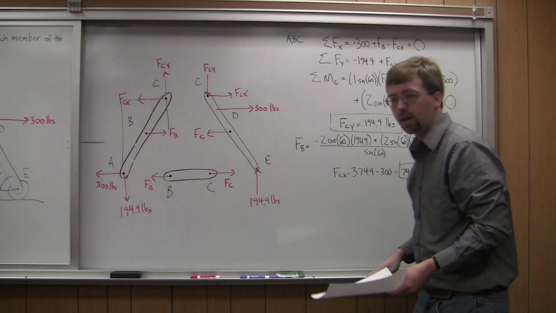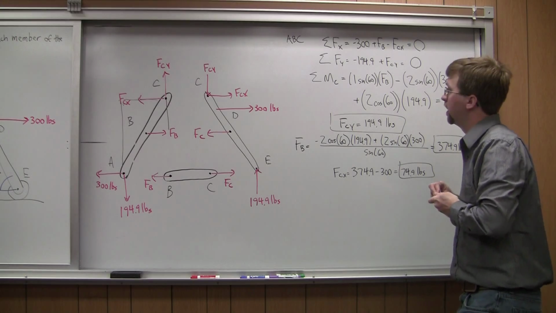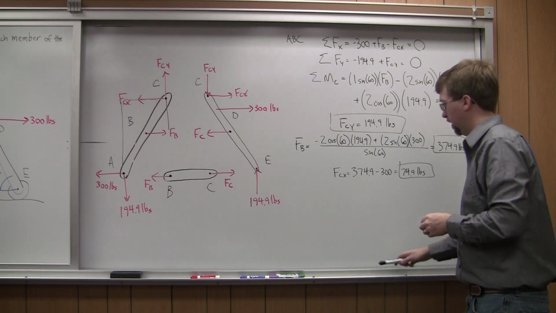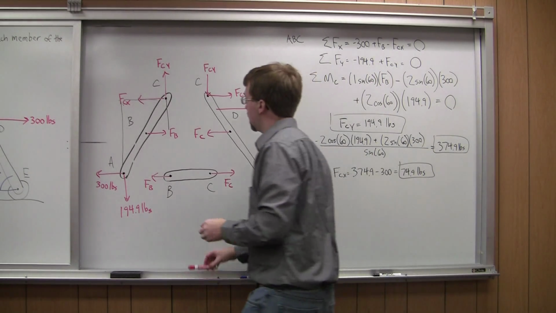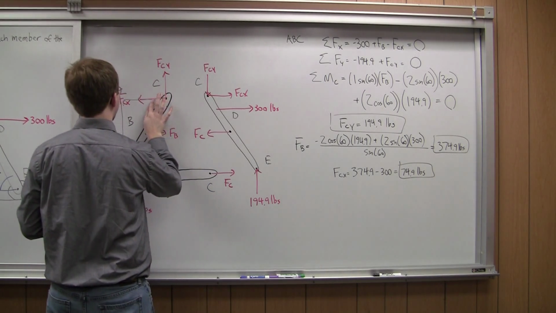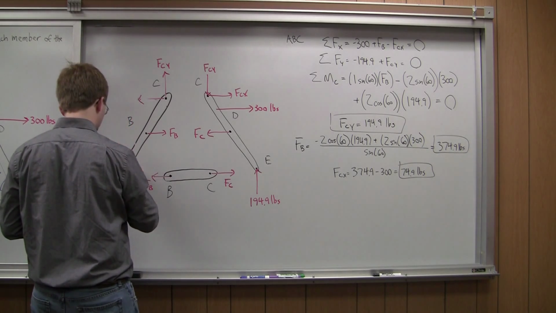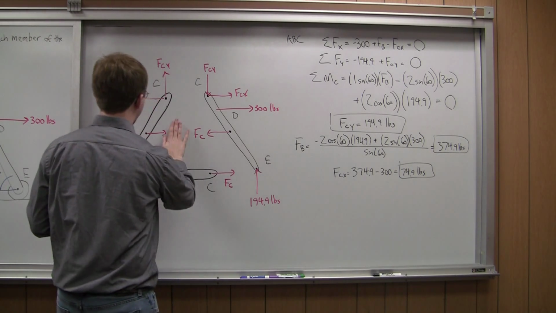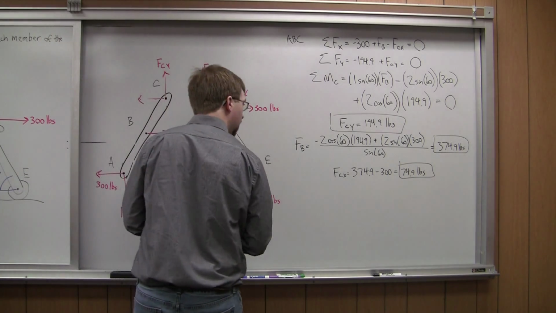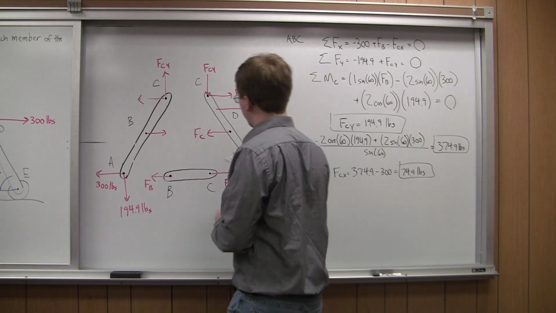All right, so we've got 3 of our unknowns just through analyzing member ABC. So I'm going to go back and draw in the values for some of these numbers. So I now know that FB, the magnitude of that force, is this 374.9.